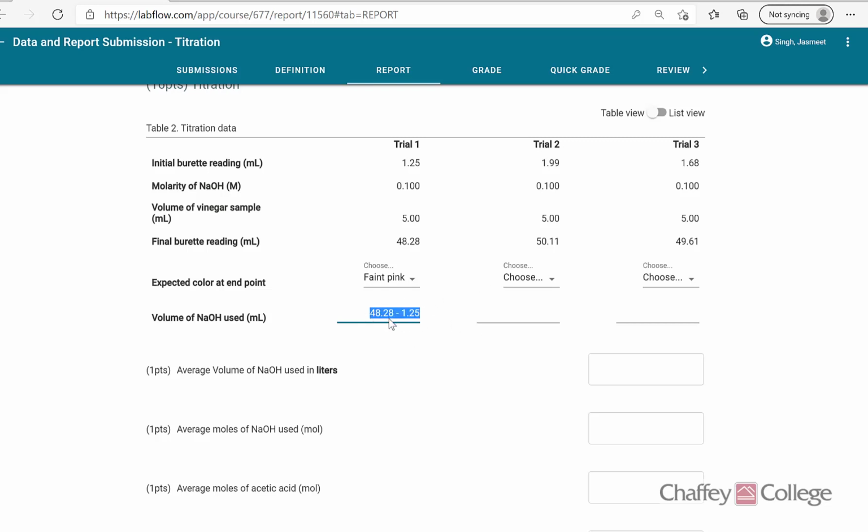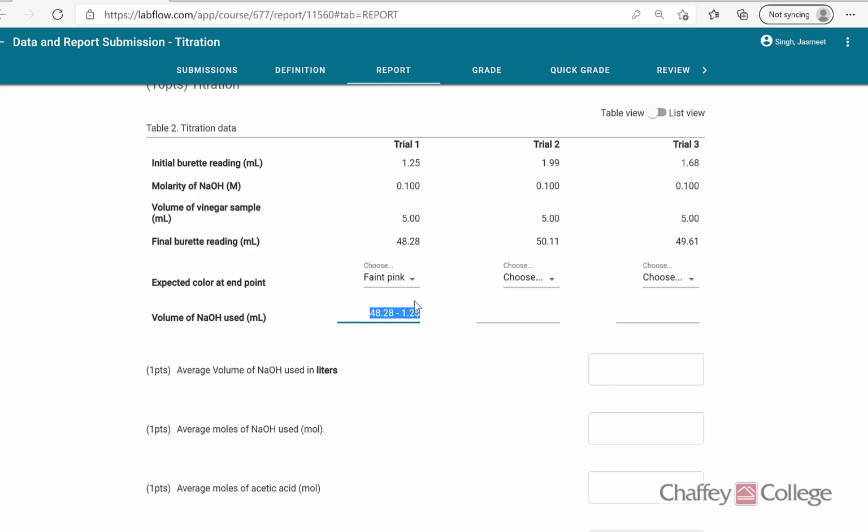This subtraction will give us the total volume of NaOH used to neutralize the acid. Similarly, calculate the total volume of NaOH used in the other 2 trials and calculate the average volume. The average volume is the sum of these 3 numbers divided by 3. That will be the average.